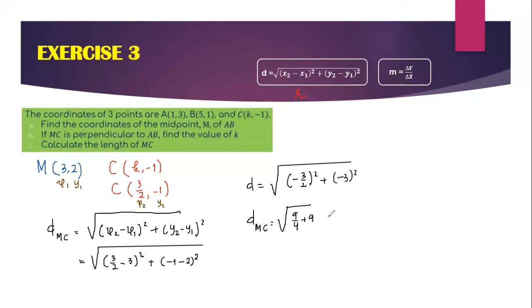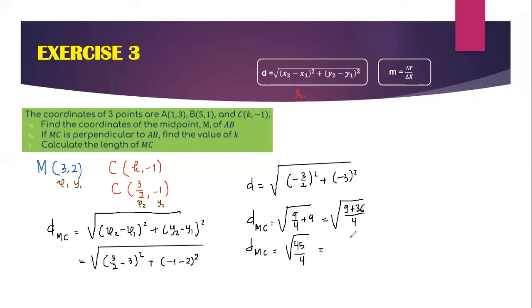Simplify the denominator by doing the LCM: 9 plus 36 over 4. So distance of MC is root of 45 over 4.